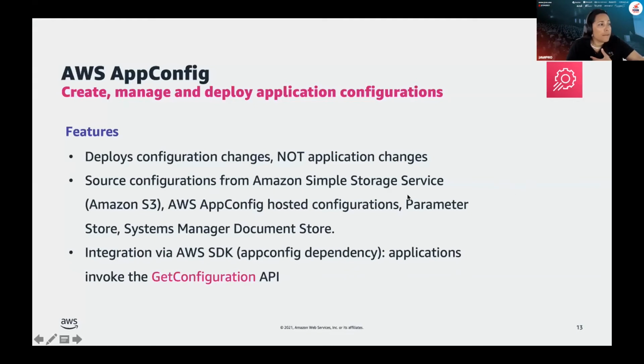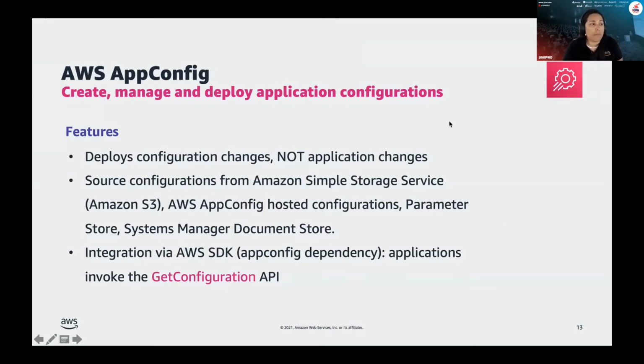AppConfig is actually able to also host our configuration, so it also addresses the challenge of where we put our configuration, where we put our key values to be used in our application. But it also integrates with other services where we can store our configuration, such as Amazon S3, which is an object store you might know, and also Parameter Store, which is a service we're going to discuss in a moment.